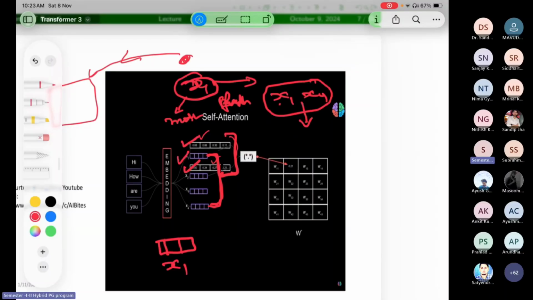So what I'll do, I'll make the x1 dash with the help of all those vectors. So x1, x2, x3, x4 with different attention values.